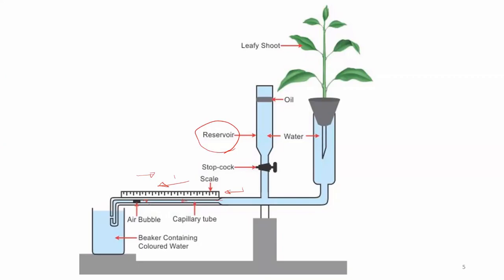First, as we mentioned earlier, if possible, we make the cut in a slanting position. A slant position induces transpiration. Therefore, in a short time the bubble can move a long distance.